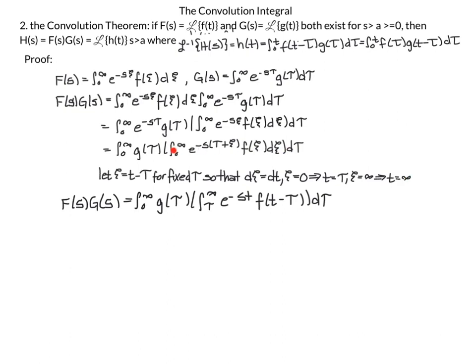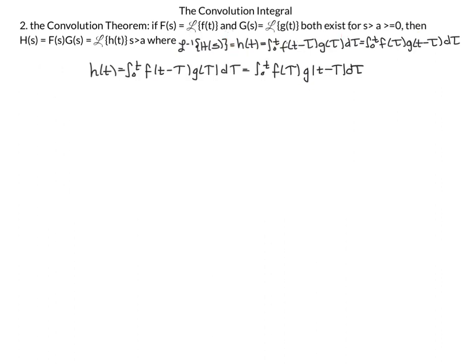So now we can substitute in here, so I still have my integral 0 to infinity of g of tau, then here instead of 0 to infinity, I get tau to infinity, e to the minus s t, f of t minus tau, d tau, which is exactly what I wanted to show over here.